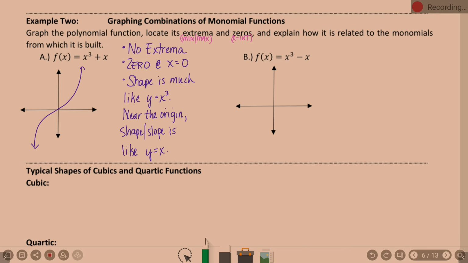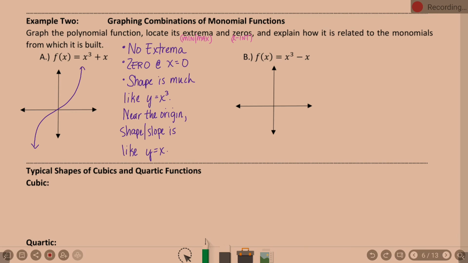And the difference this time is really just one sign, isn't it? So what happens when you do y equals x to the third minus x? Okay, we now get to talk about min and max, right?